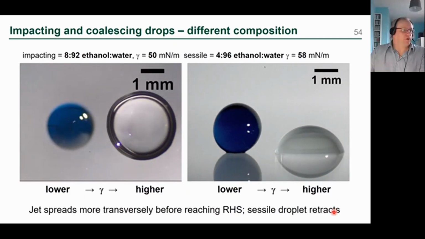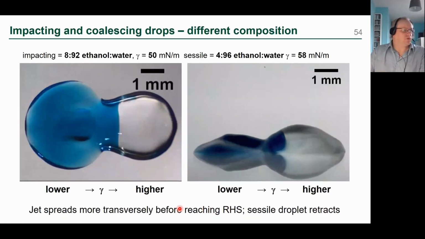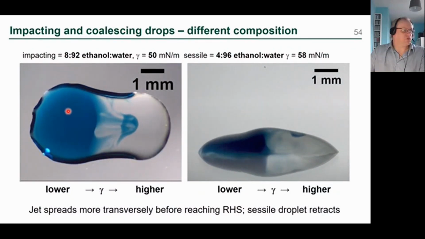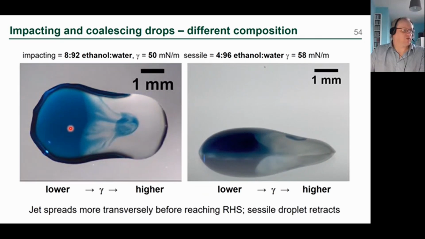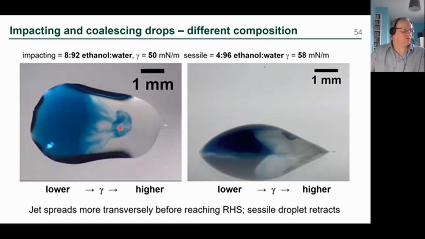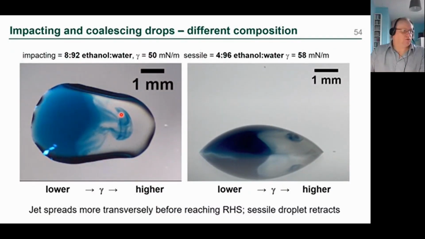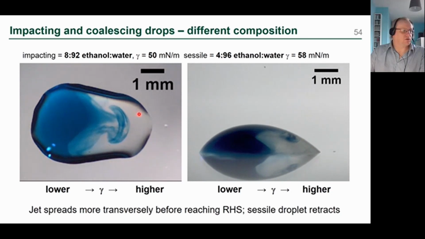And then if we play about with the surface tension, so we make the two droplets different. So now we've got droplets here with different surface tensions. So in this case, the one on the left, which is impacting, has a lower surface tension than the one on the right. So the one on the right will want to pull liquid over its surface because it's got a high surface tension. It's going to want to cover that surface.